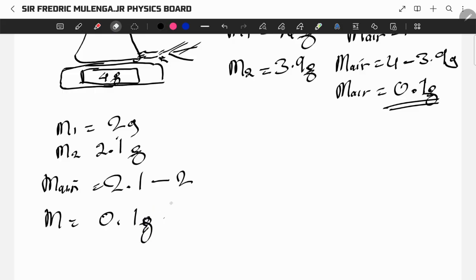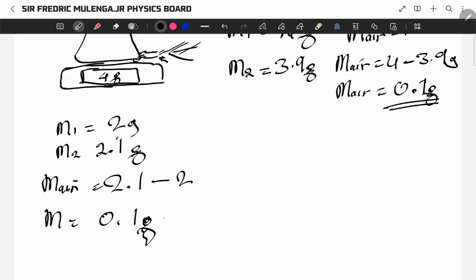That's how you tell if the question is unclear. Always know that the large number symbolizes the mass together with that of the container. Therefore, you need to subtract from that value.